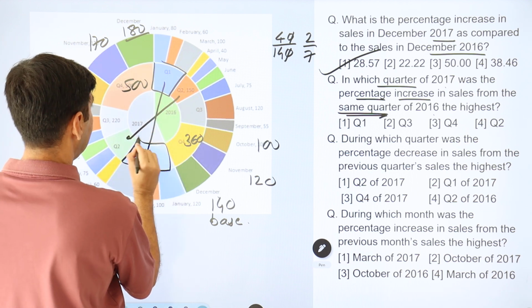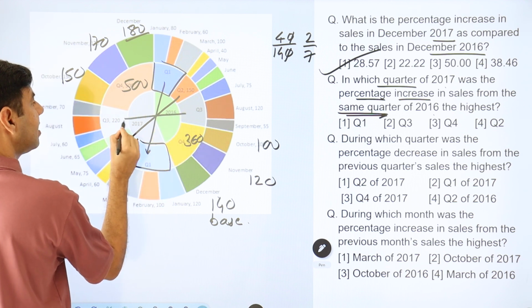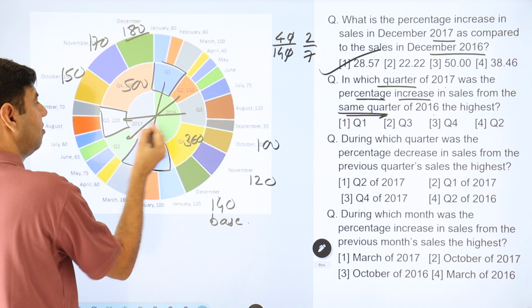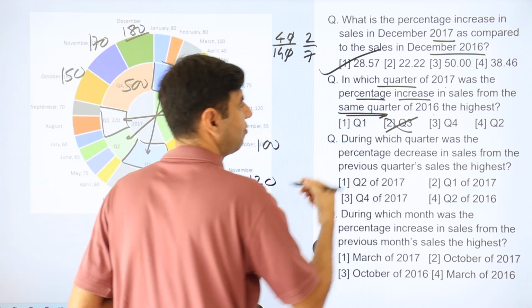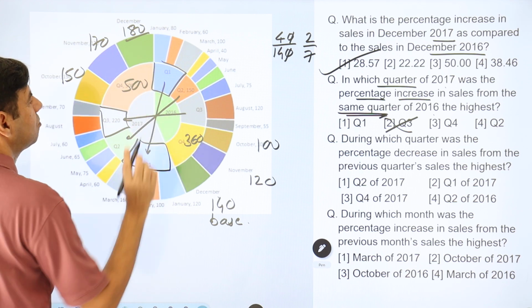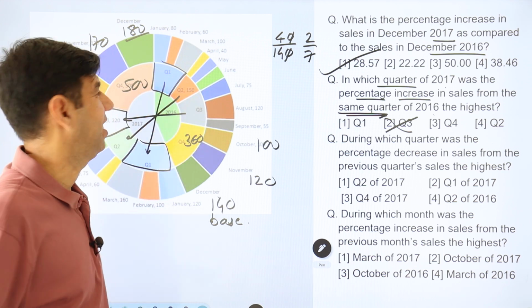So the third quarter is a decrease. In 2017 it is smaller than 2016. So the third quarter is not going to be my answer here. In the fourth quarter also there's an increase, but let's find it. All numbers are easy.